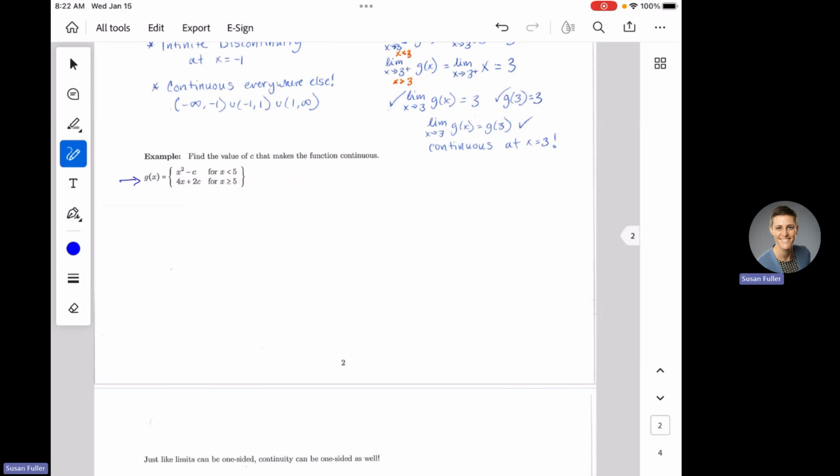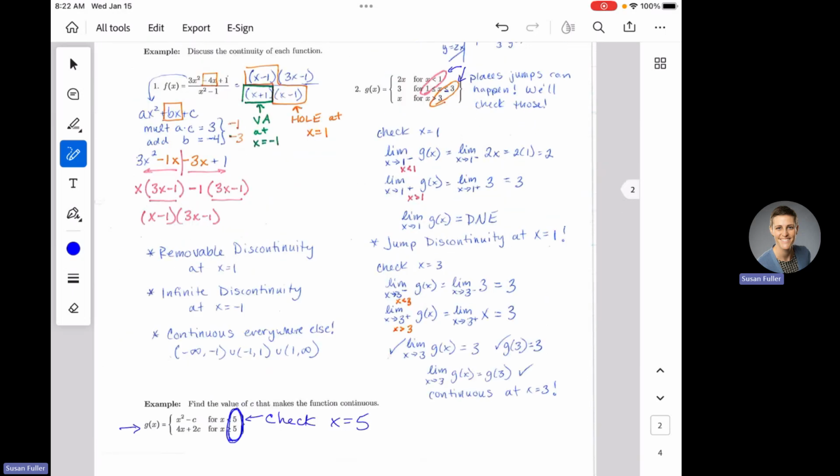Well, there could be a jump at this point where our functions meet, right? This x equals 5 is the point where these two separate functions meet. And so this is the place where a discontinuity, a jump discontinuity specifically, could happen. So we have to check x equals 5 for continuity, just like we did on this one up here.